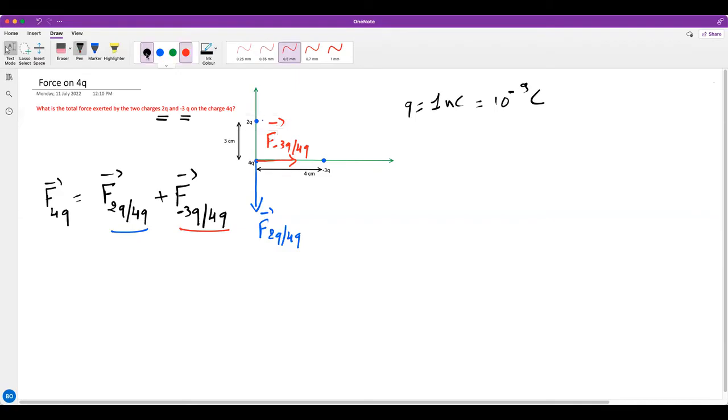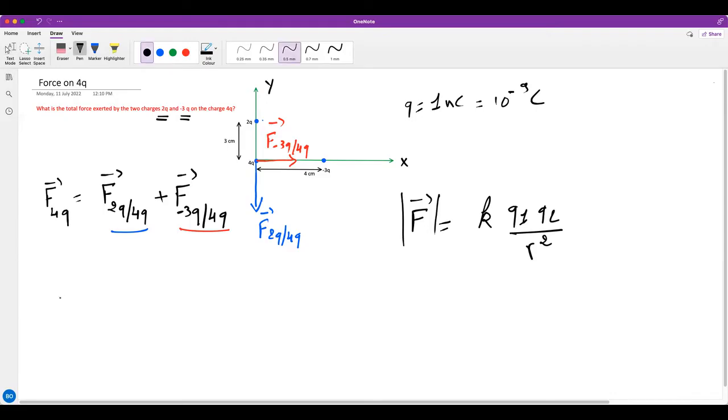Then we simply apply Coulomb's law, which says the force between two charges is equal to k times the magnitude q1 q2 over the distance squared, and then we take care of the directions, knowing that this is the x-axis and this is the y-axis, and the x-axis has i as its unit vector.